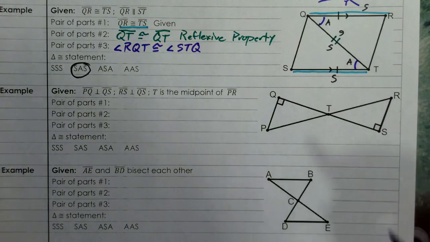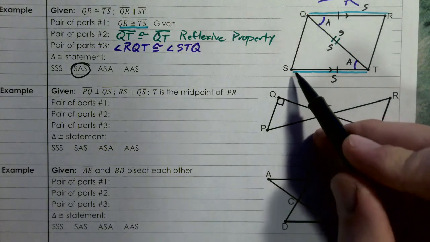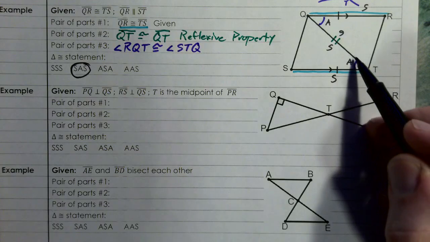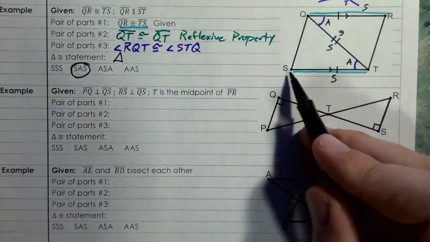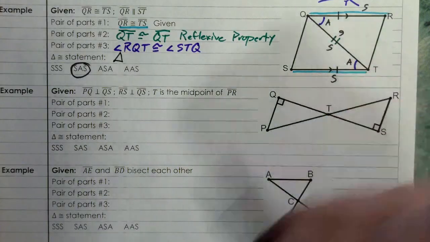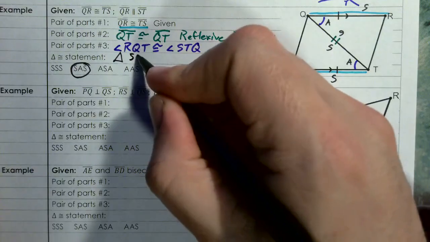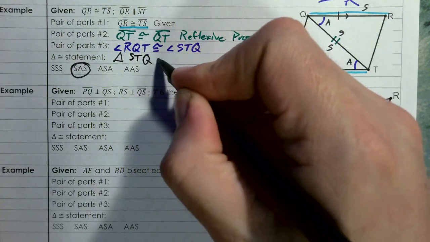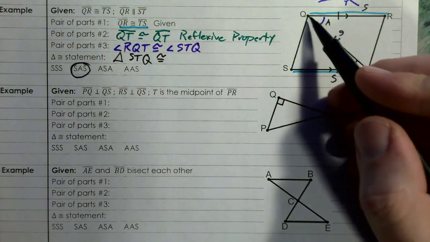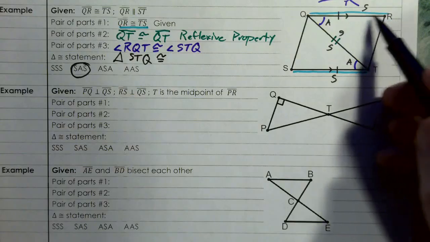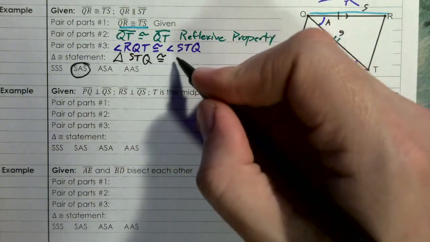I just need to make my triangle congruence statement. So I went side, this angle, and then that side. So it was triangle STQ. That's got to be congruent to our side, our angle, and our side. So RQT.